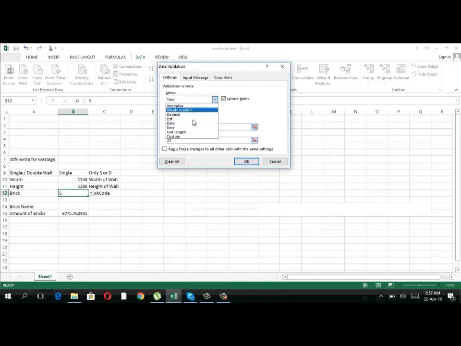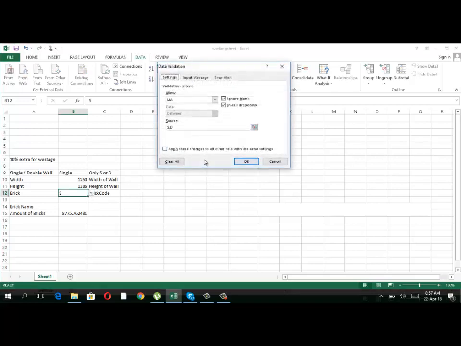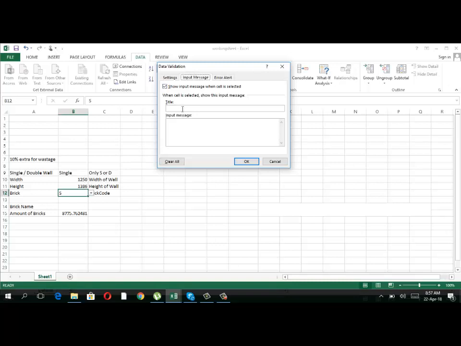From here I'll select only the list. In the list what we need is S comma D, so I will only get S or D. We can further type an input message which says, enter S or D, so you have to enter either of these.